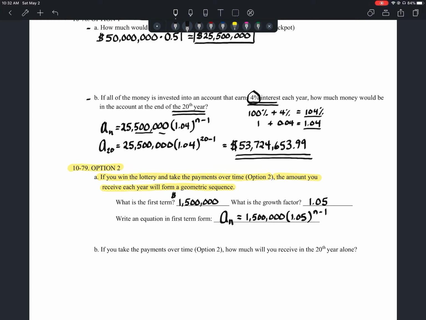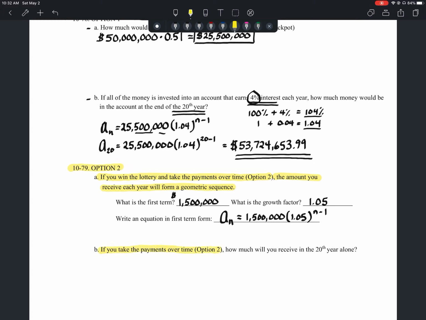Letter B now says, if you take payments over time, option 2, how much will you receive in the 20th year alone? Okay, so we're not trying to figure out how much money we're going to have total in 20 years. We're figuring out this last one right here. How much money are we going to receive? So let's use the equation that we came up with.